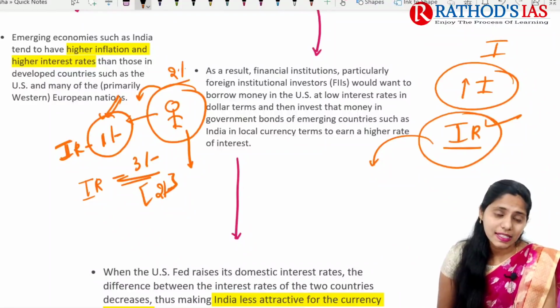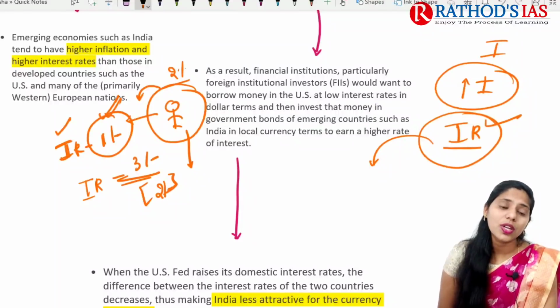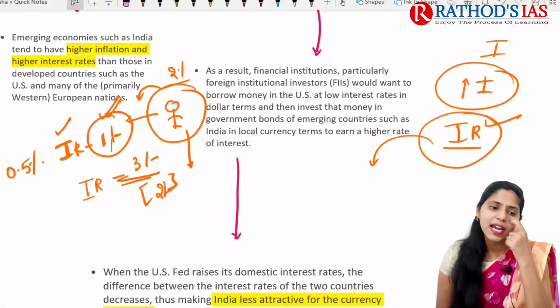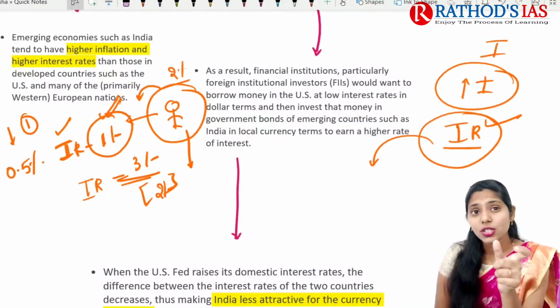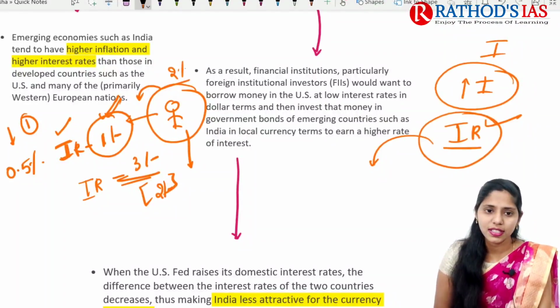For example, let us take this condition: interest rate in the USA decreased to 0.5%. Earlier it was 1 rupee and it decreased. So this is the first scenario. In this first scenario, there is a decrease of interest rate to 0.5%.